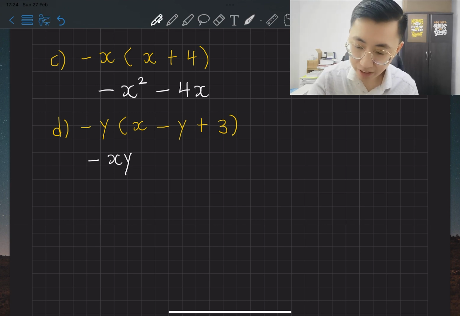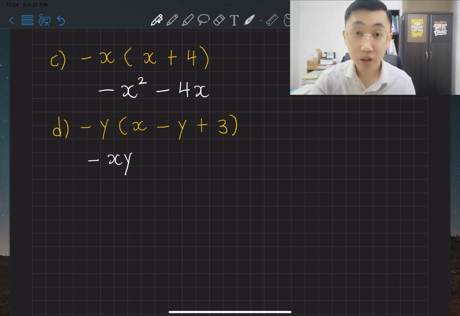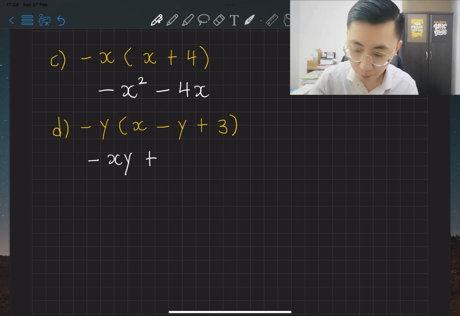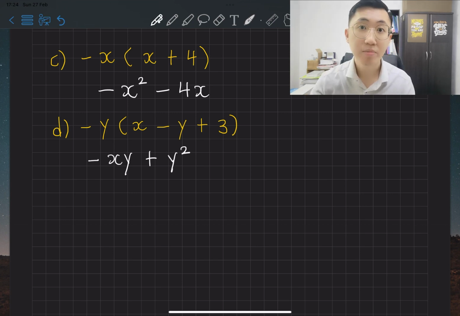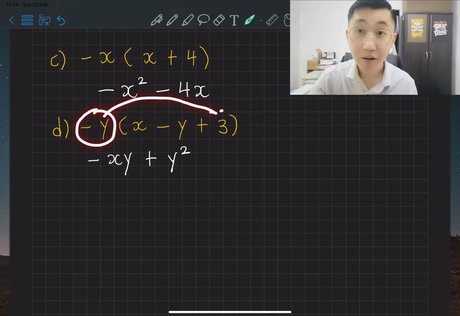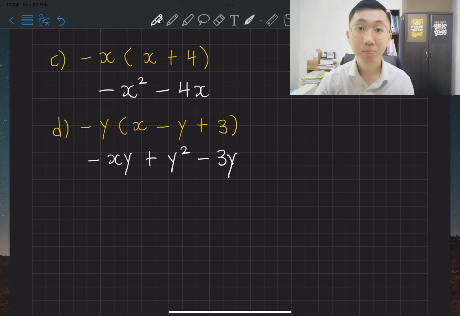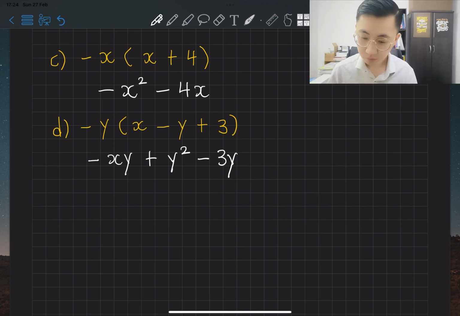Next, negative y multiplied with a negative y will give you positive y squared, because y is multiplied 2 times. Another one. Negative y times positive 3 will give you minus 3y. Did you get it?